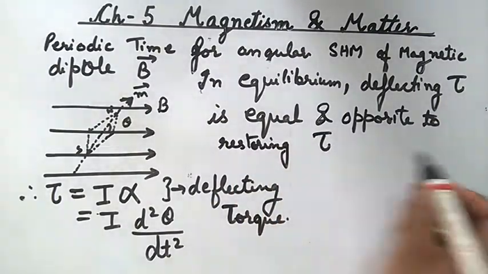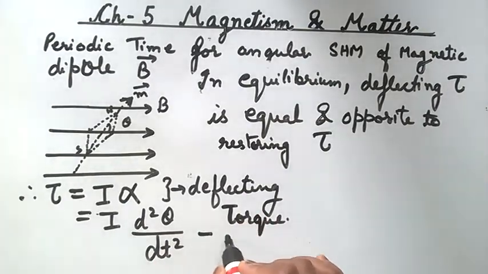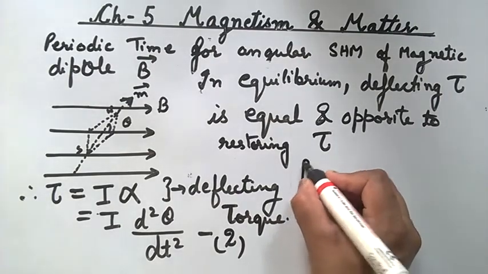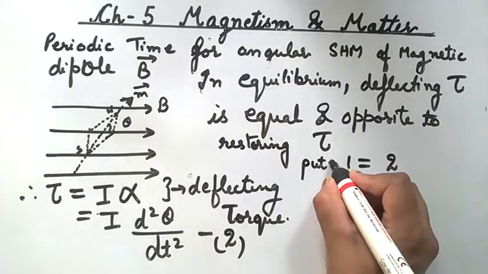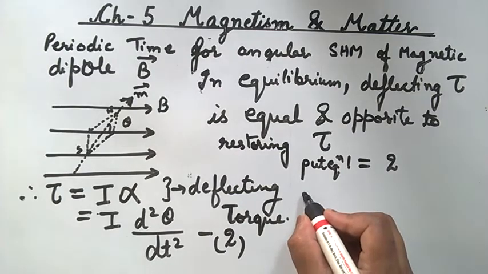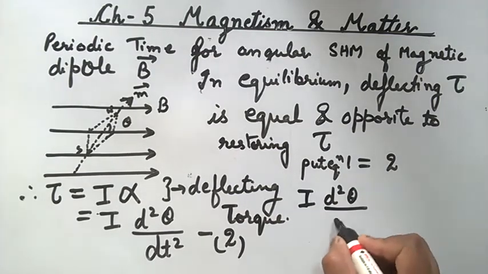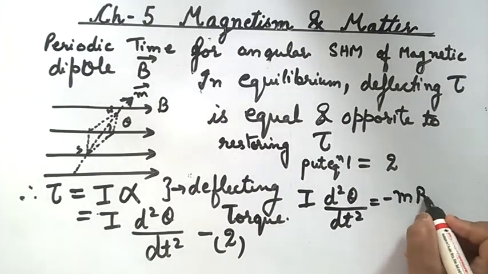So substitute equation number 1 and call it equation number 2. Equation 1 equals equation 2. So we get I d square theta by dt square equals minus MB theta.